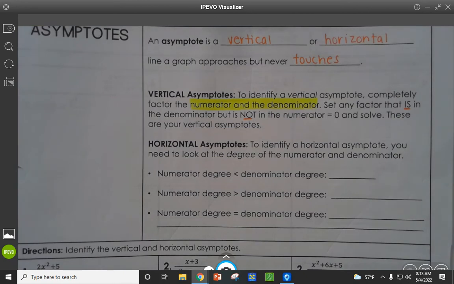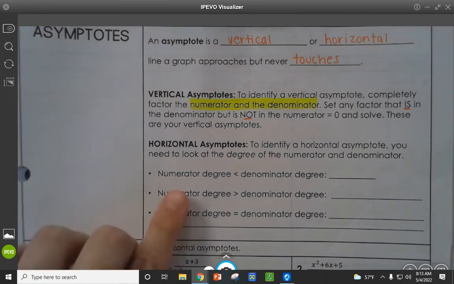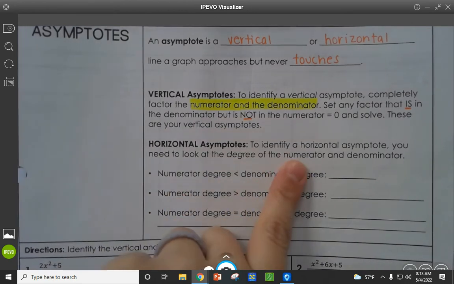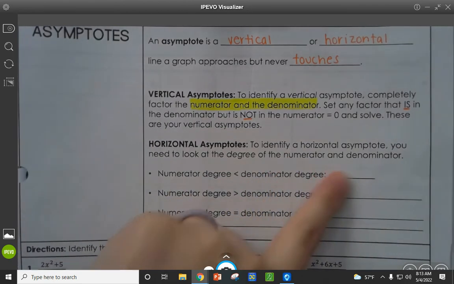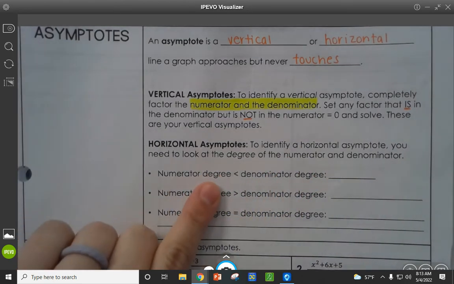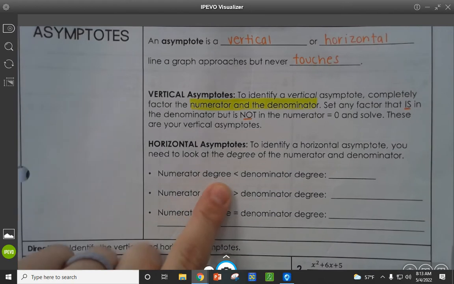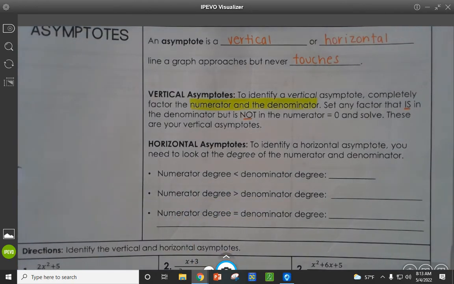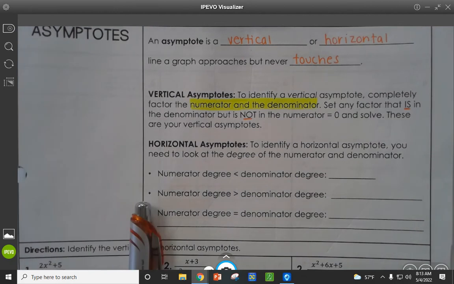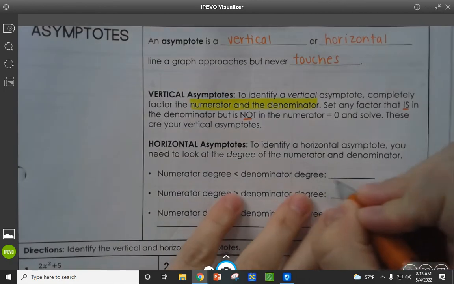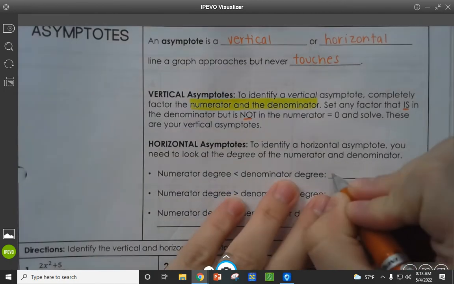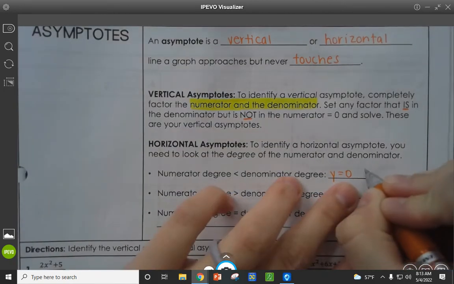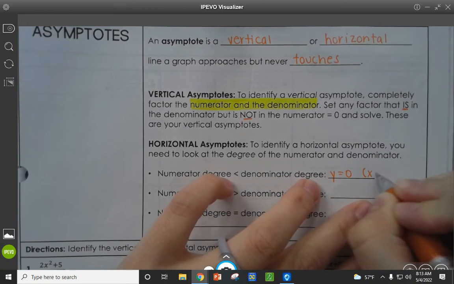Now a horizontal asymptote, you look at the degree of the numerator and the denominator. If the numerator degree is less than, so if we have like x squared in the numerator and x cubed in the denominator, so a smaller degree up top, then our horizontal asymptote is at y equals 0. This is the x-axis.